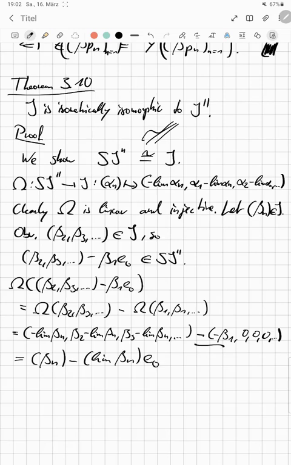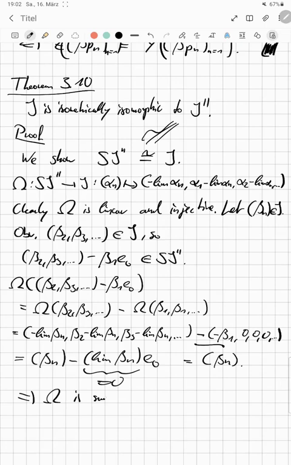Because here this becomes a plus, the beta_1 goes in here, and then it's just the normal beta sequence, but with the limit subtracted everywhere. So this is that, and this limit here is 0 because beta_n is in James space. So this is just beta_n. So we found our preimage vector. Omega is surjective.